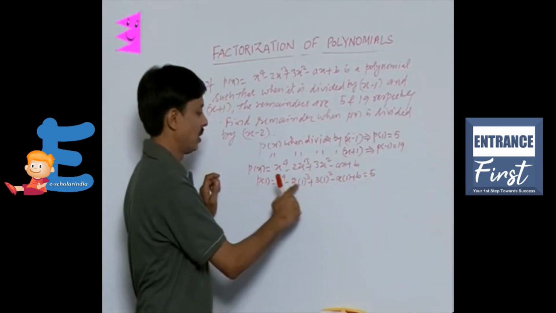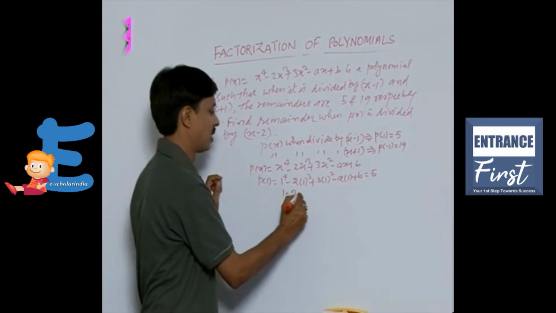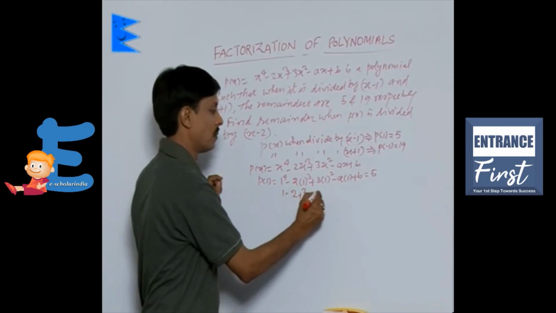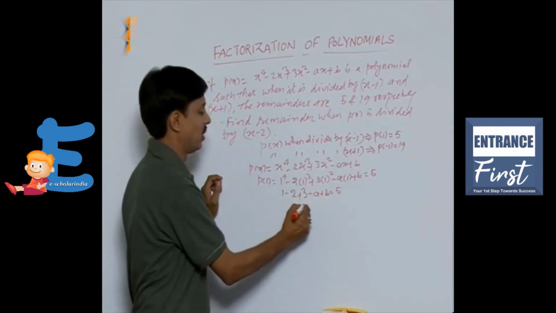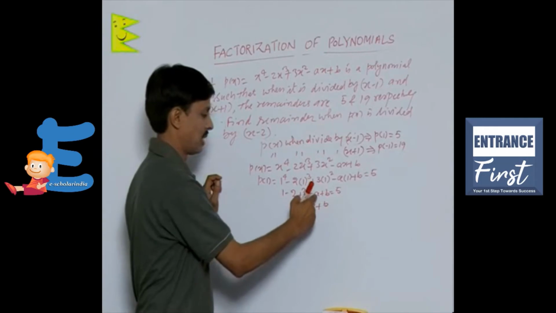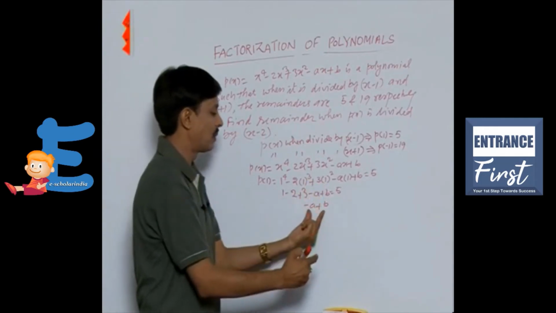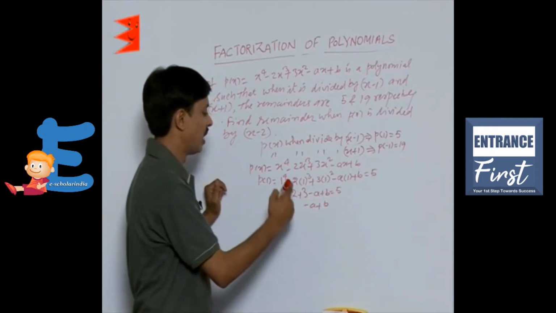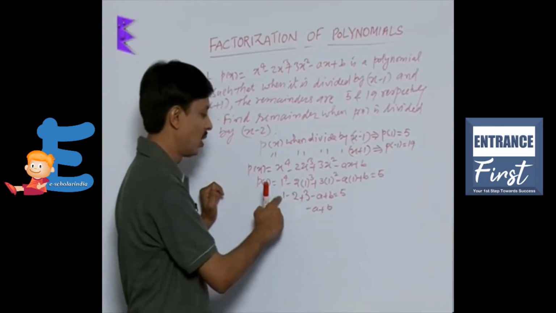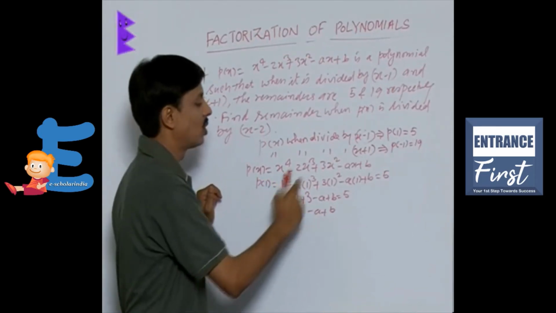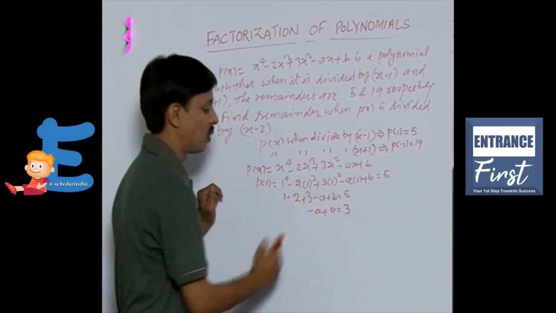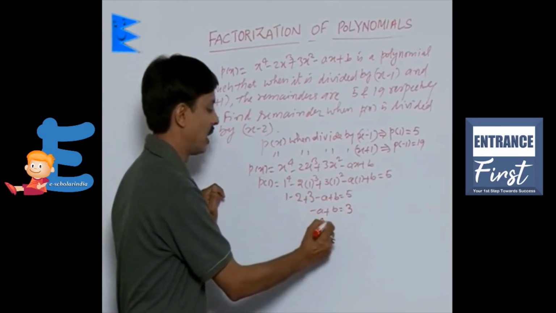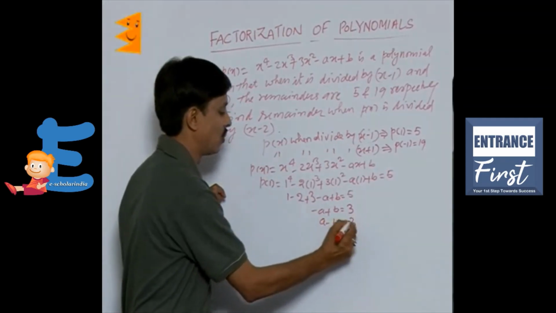So 1 minus 2 plus 3 minus a plus b is equal to 5. Keeping these two variables on the left side, minus a plus b, this becomes 3 plus 1 is 4, 4 minus 2 becomes 2, 2 when shifted becomes 3. So minus a plus b is 3, or I can say a minus b is equal to minus 3, equation number one.